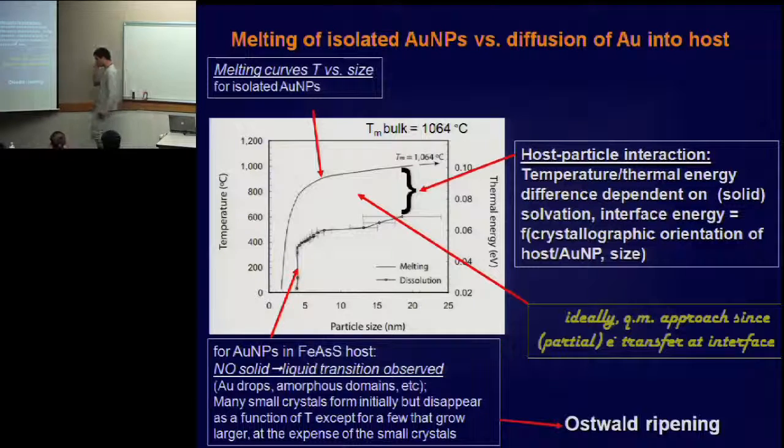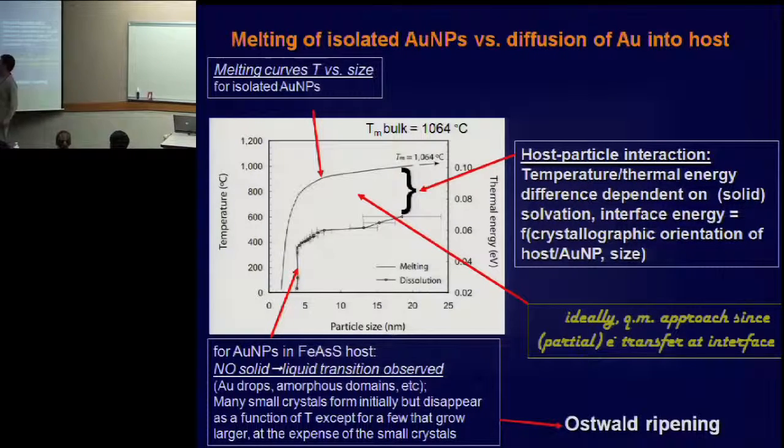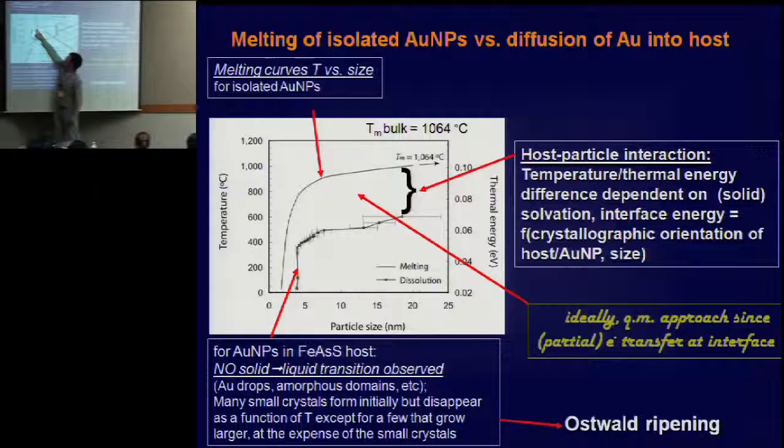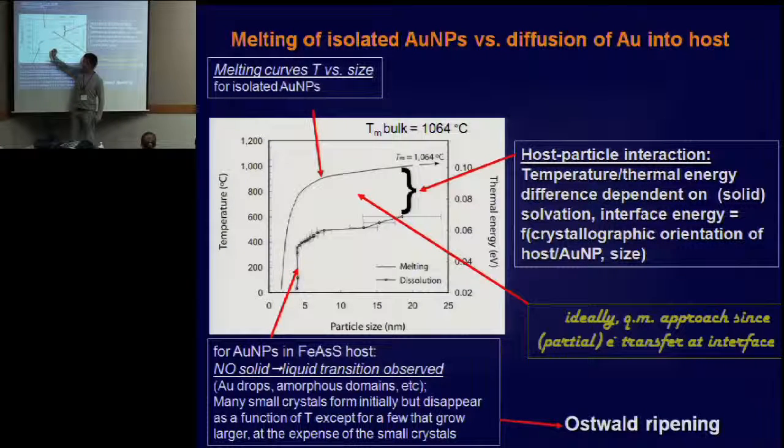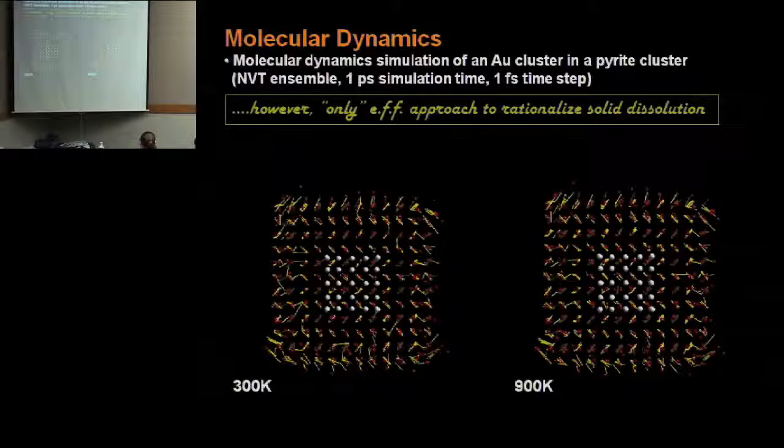However, this was our old melting curve of free nanoparticles. If you put the gold nanoparticles in pyrite, they keep growing to bigger particles before they even reach this curve. So it's essentially a solid state diffusion. And we were trying to model this.